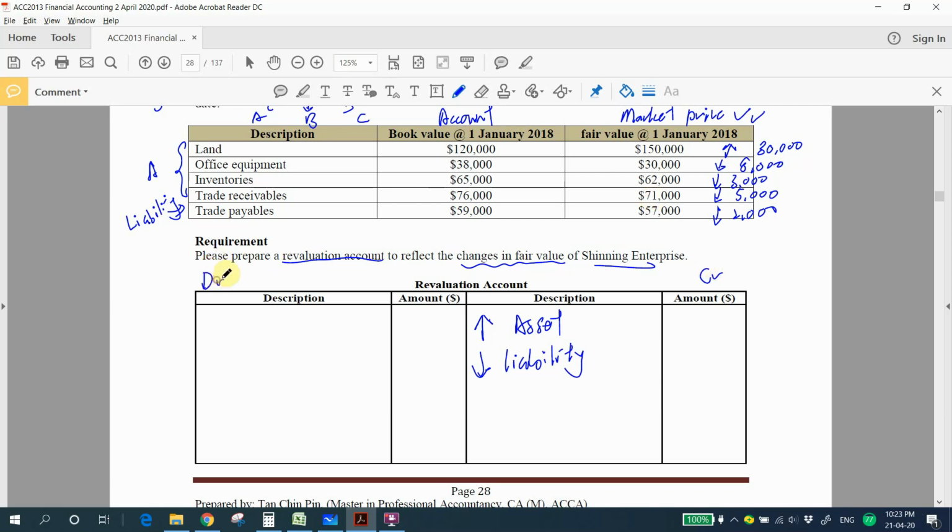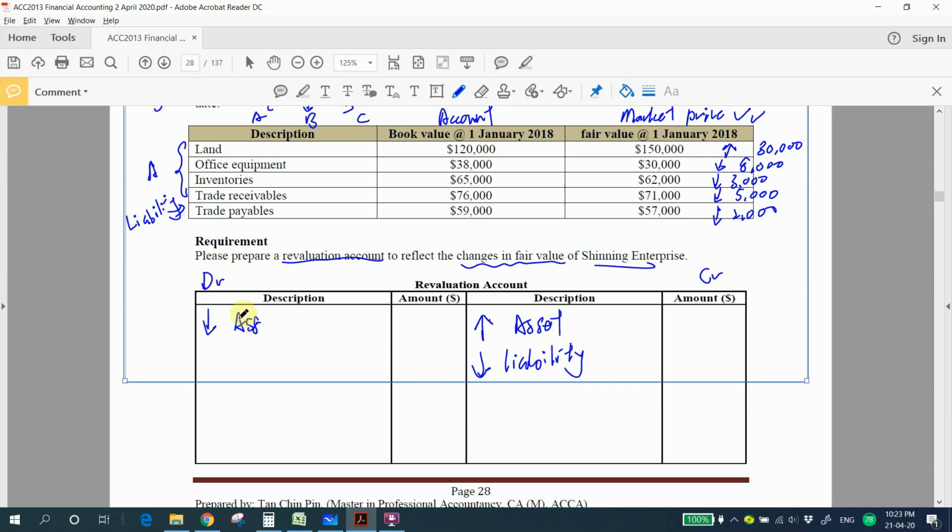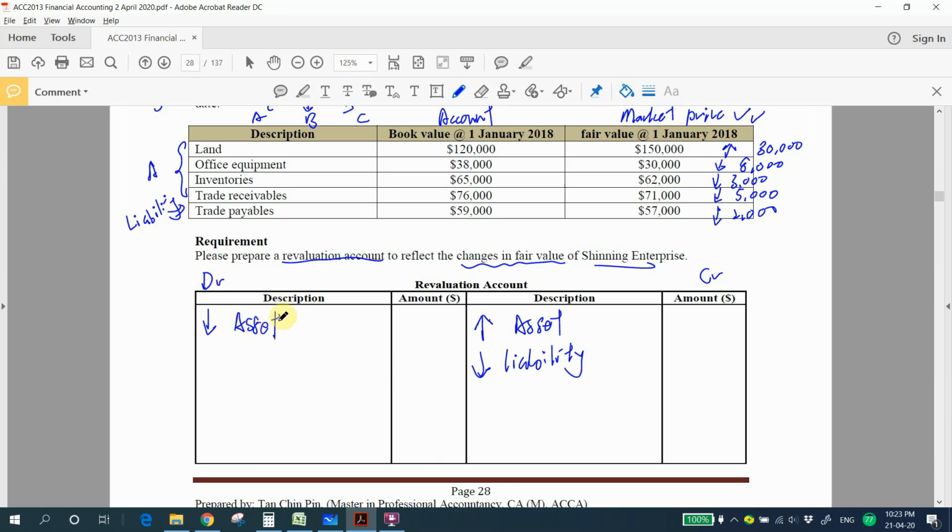As the opposite, when you have a decrease in your asset value, you record on the debit side. When you have an increase in your liability, you record on the debit side.